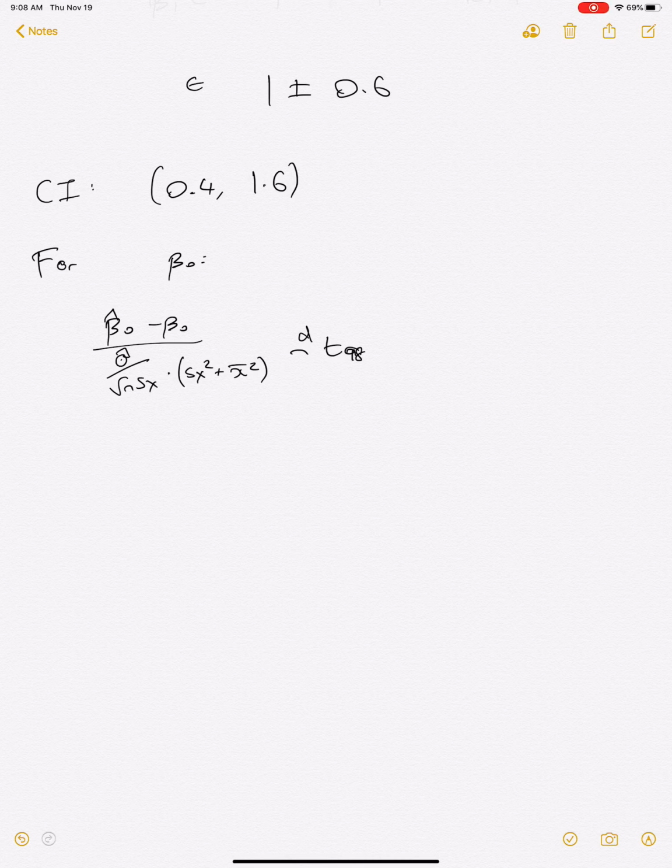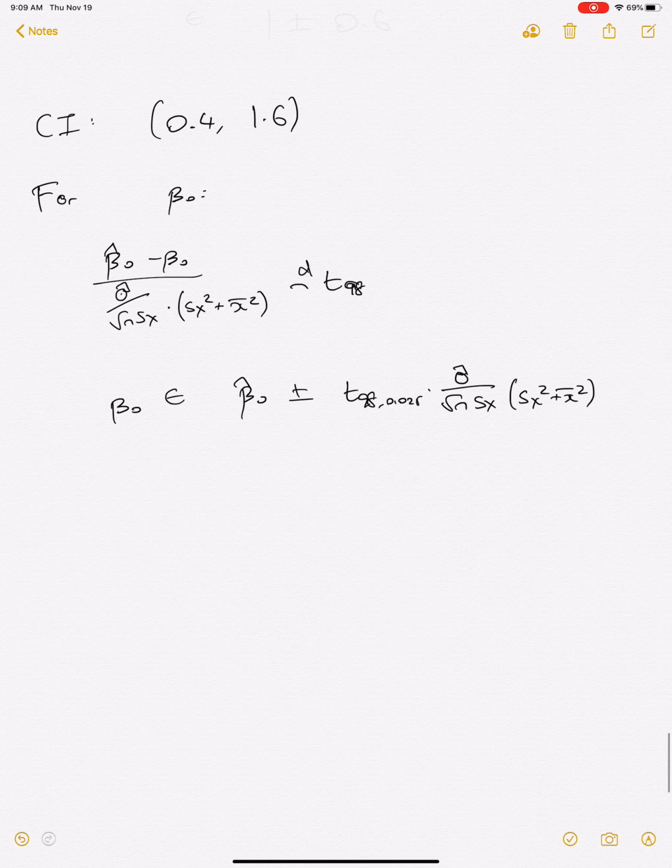And so the 95% confidence interval is going to be beta hat 0 plus or minus t 98, 0.025 again, because it's a two-sided test, times sigma hat divided by square root of n sx as we had before, but now we're going to have this extra term of sx squared plus x bar squared.